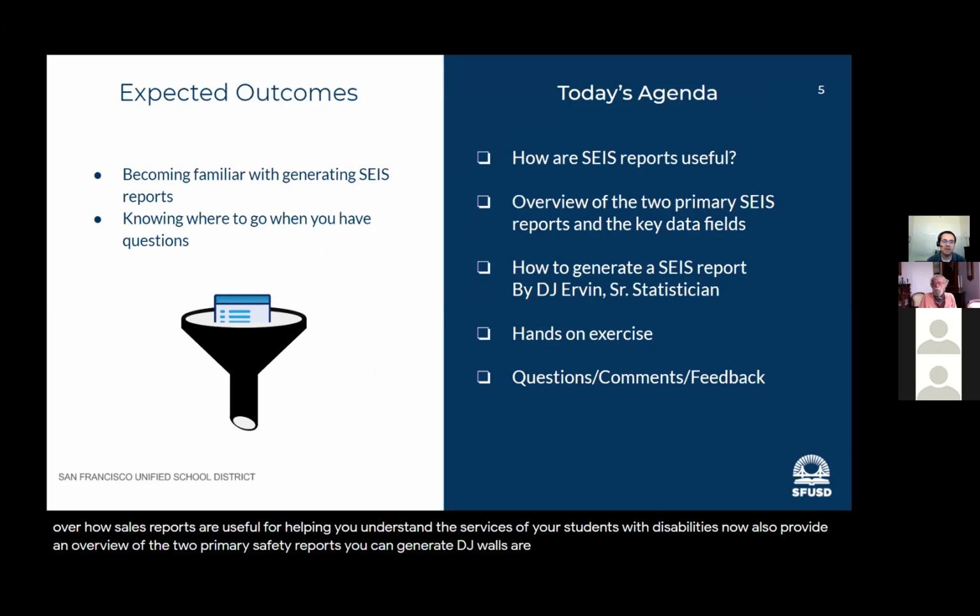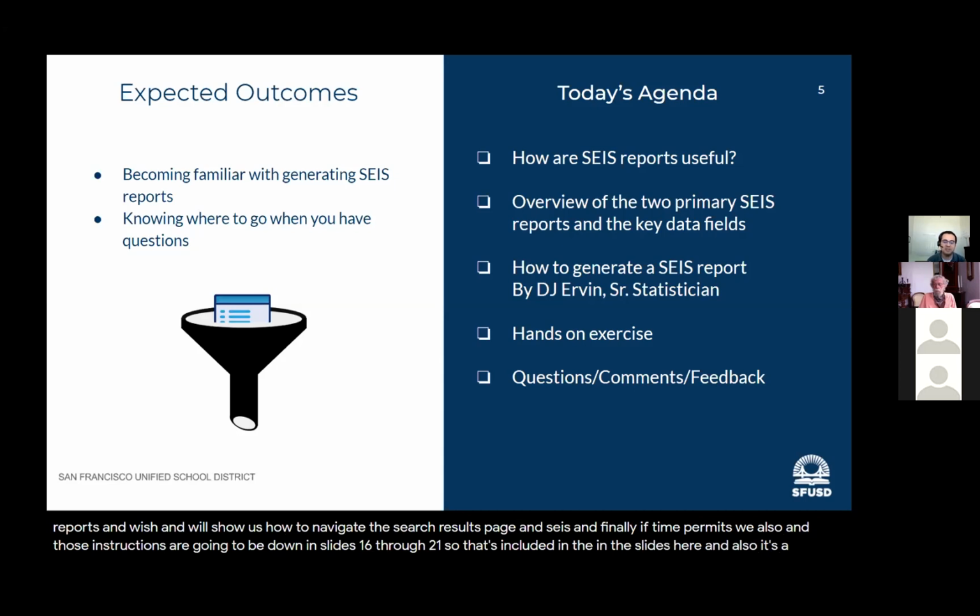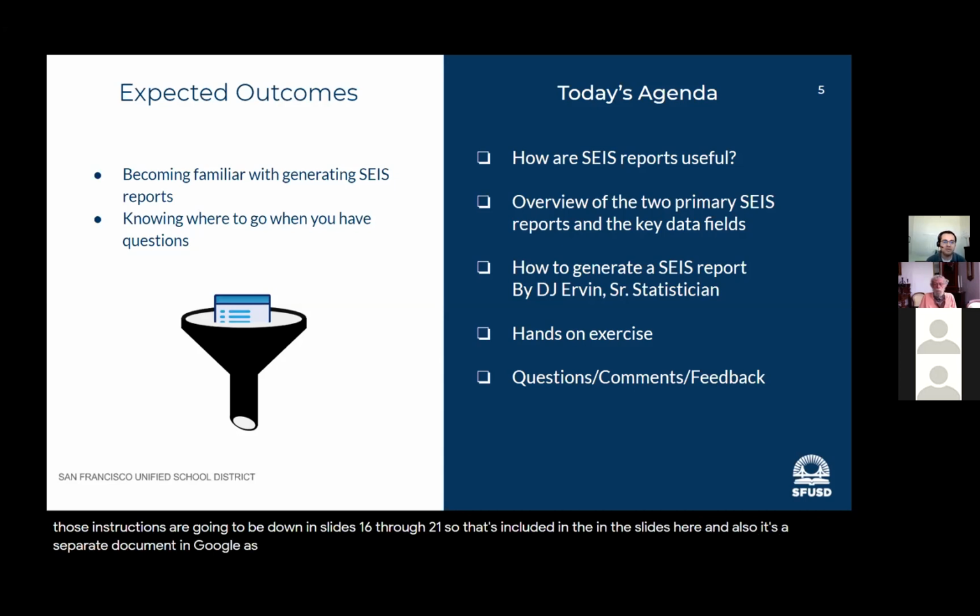DJ will provide a live demonstration on generating SEIS reports and show us how to navigate the search results page in SEIS. Finally, if time permits, we want you to generate your own report. Those instructions are in slides 16 through 21, included in the slides and also as a separate document in Google. You can follow along once we get to that point.